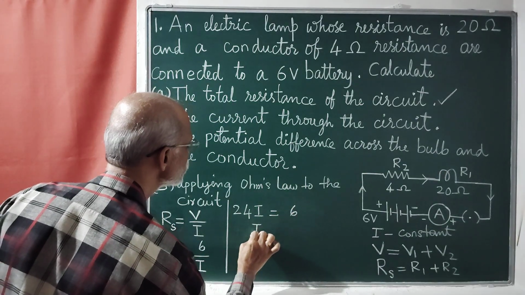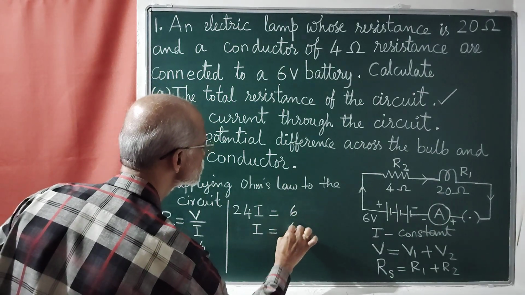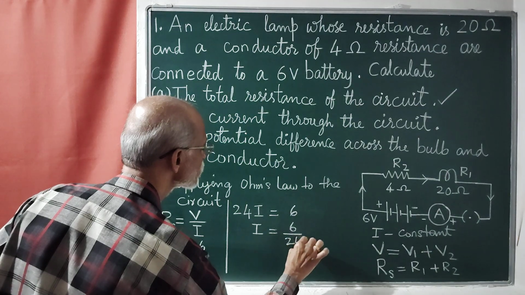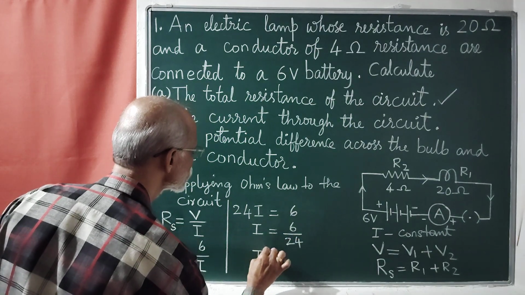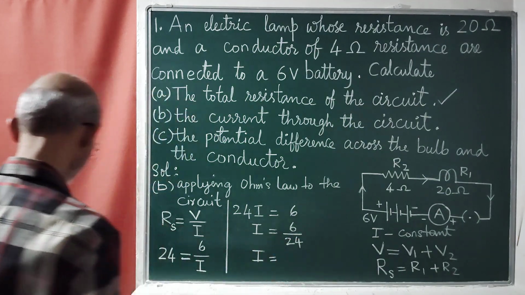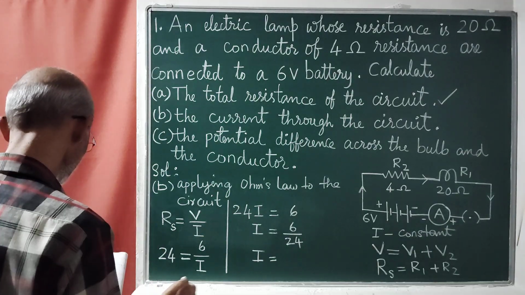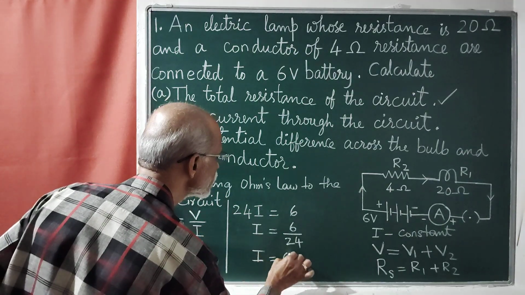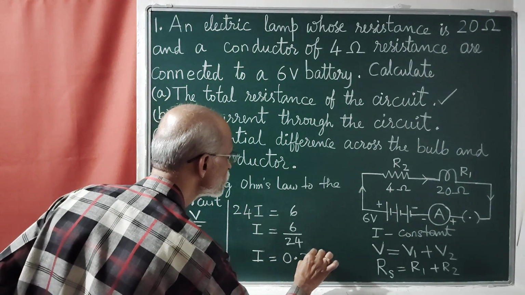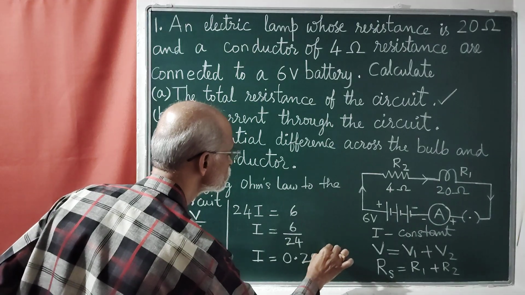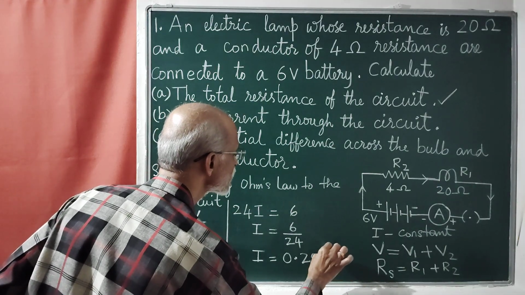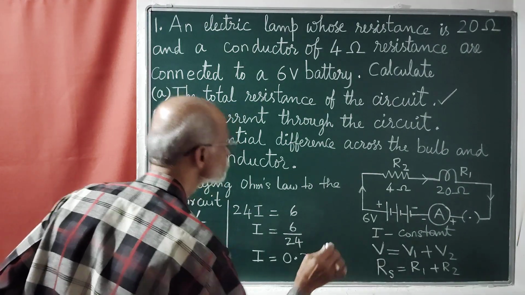I is equal to 6 by 24. So I is equal to 0.25 amps. This is the current through the circuit.